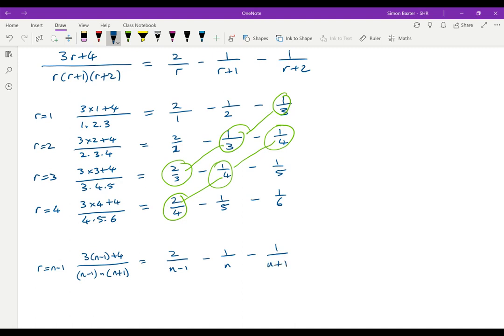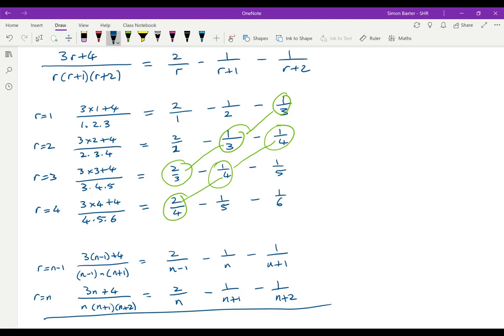And if we put r equal to n, we get 3n plus 4 divided by n times (n plus 1) times (n plus 2). That's going to be 2 over n minus 1 over n plus 1 minus 1 over n plus 2.